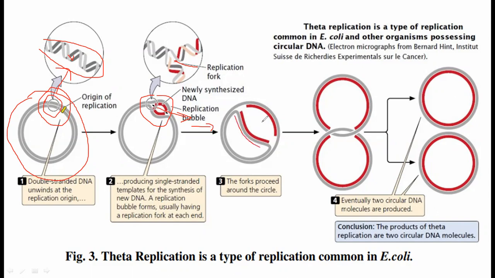This is a template, and this is a template again. Both the strands serve as a template, and each template synthesizes a new strand. Finally, the replication leads to the formation of two different DNAs. And here you can see this structure resembles theta. That's why this replication is called theta replication.